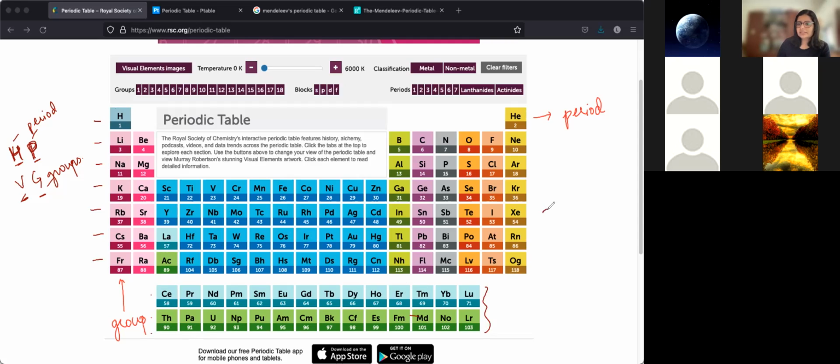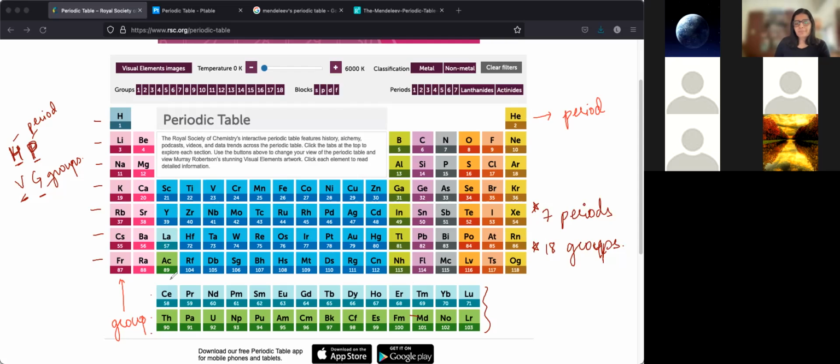There are only 7 periods and there are 18 groups. Okay. 7 periods and 18 groups. 7 horizontal rows and 18 vertical columns. So this is what the modern periodic table is known as.